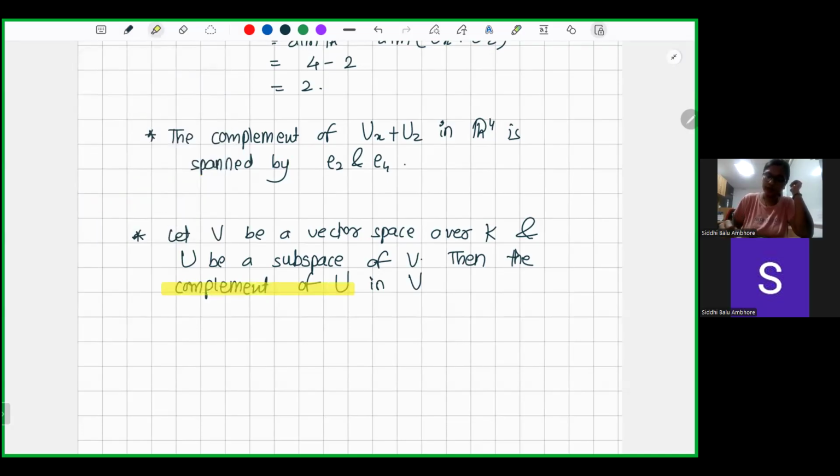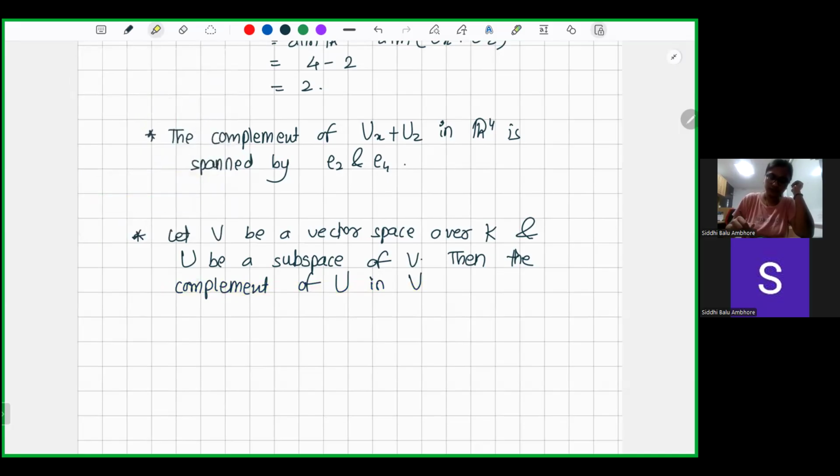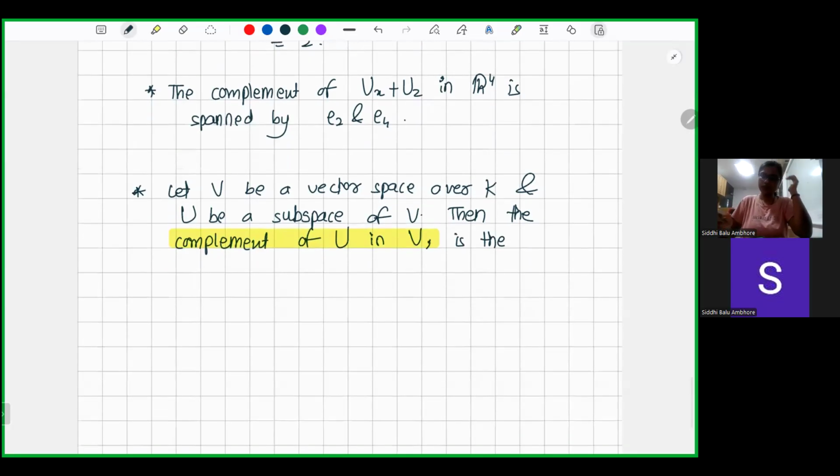They are saying the complement of U in V. This is the subspace U' such that V is U direct sum U'.